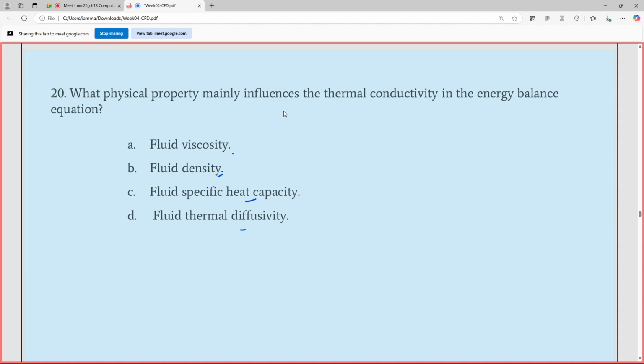So which of the following physical properties mainly influences thermal conductivity in the energy balance equation? You can input your answers.